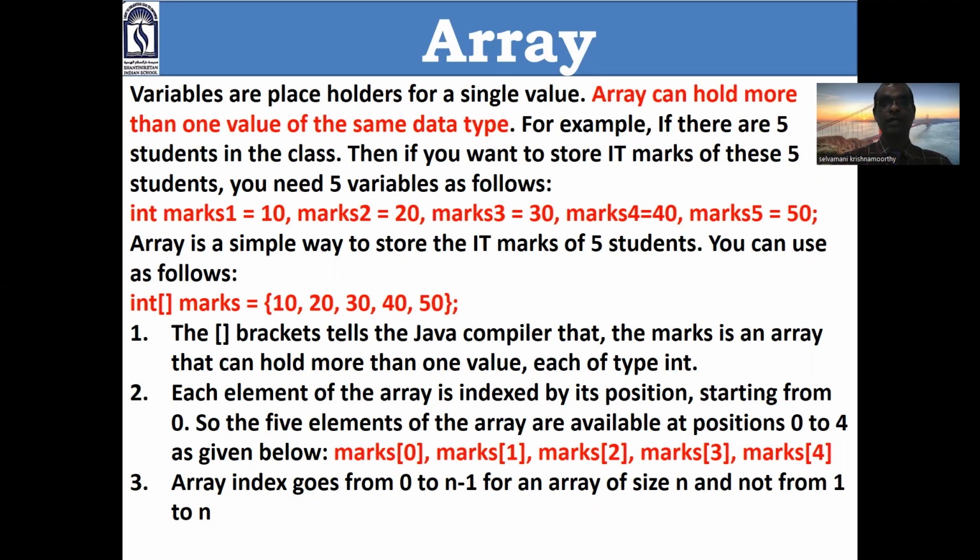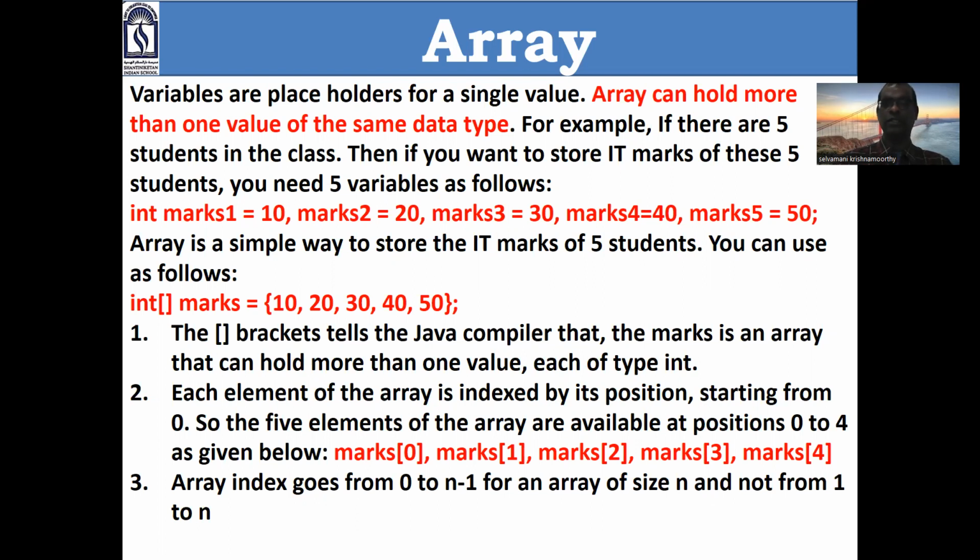If you assign number equal to 2, what will happen? The previously assigned value 1 will be removed from number. Now 2 will be assigned to number. Now number holds 2. At any point of time, a variable holds only a single value. That is why variables are placeholders for a single value.